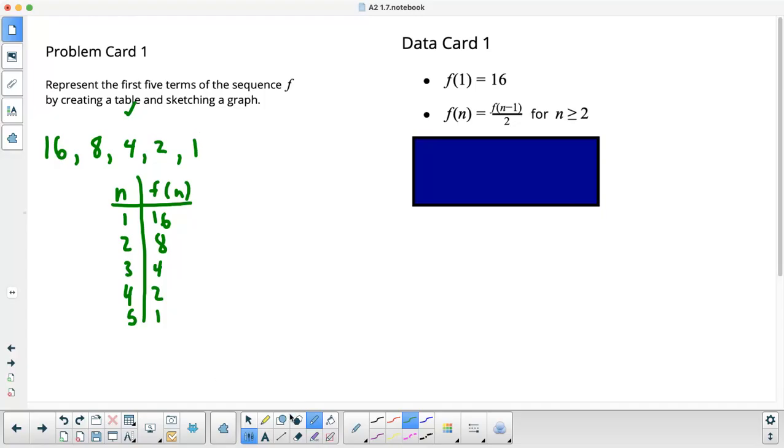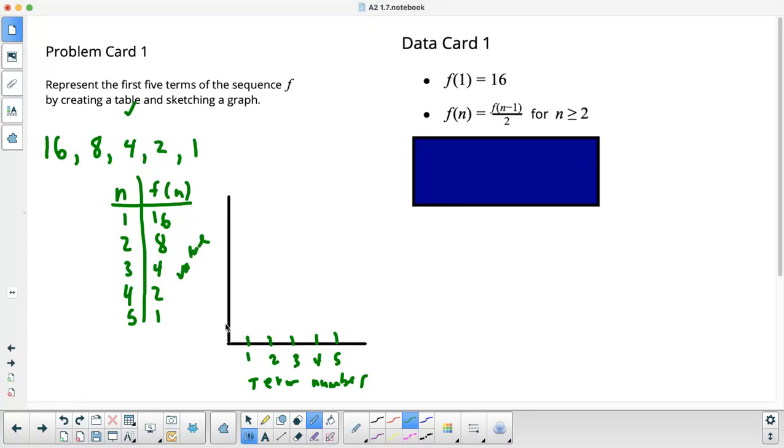So there's my table. Check. Now I have to sketch a graph. So let's do this here. I'm going to just do a very rough graph here. And I always like to label my axes. So this is going to be term number. And then this is going to be the value, I guess.